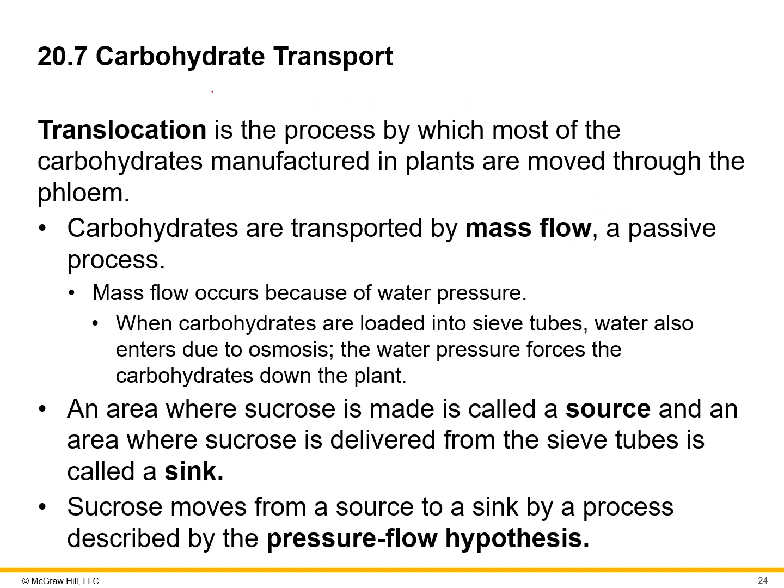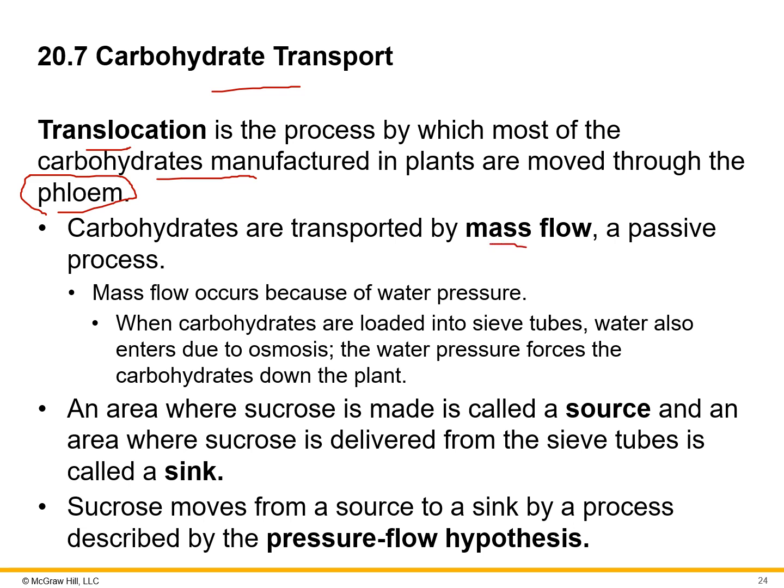Now, as far as carbohydrate transport, again, now we're talking about the food or phloem. This transport is called translocation, just changing location. This is mainly how different carbohydrates are moved through the phloem. So xylem is for water, phloem for food.